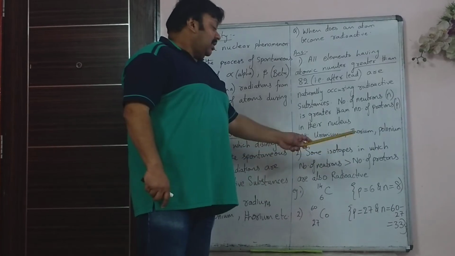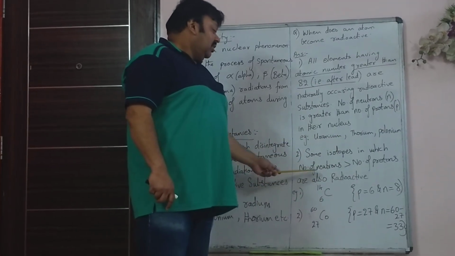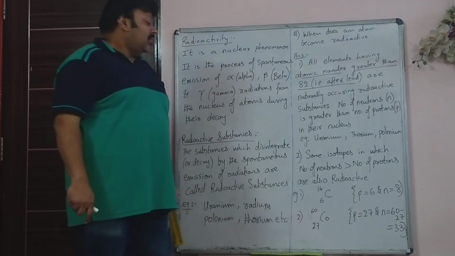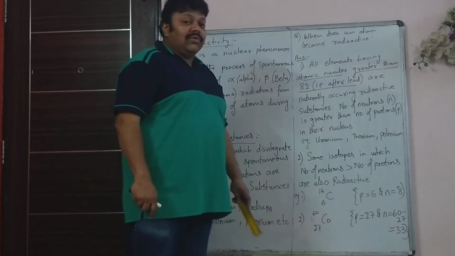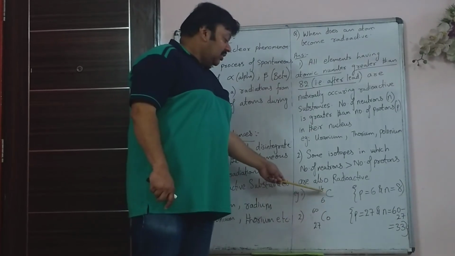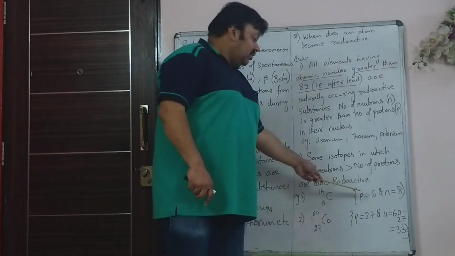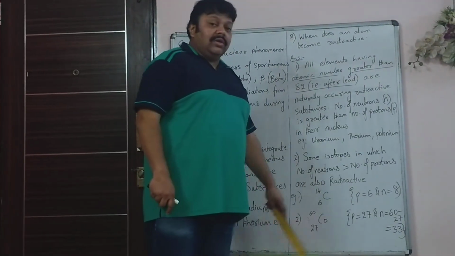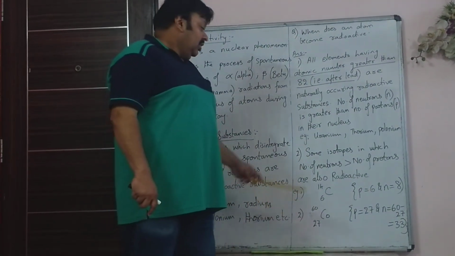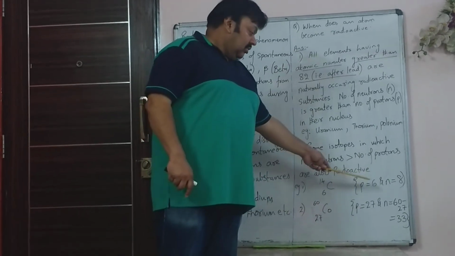Second, some isotopes in which the number of neutrons is greater than the number of protons are also radioactive. For example, one of them you had already seen, carbon-14. Protons is 6, neutrons is 8. So the number of neutrons is more than the number of protons. It's not necessary all the time, but usually yes.